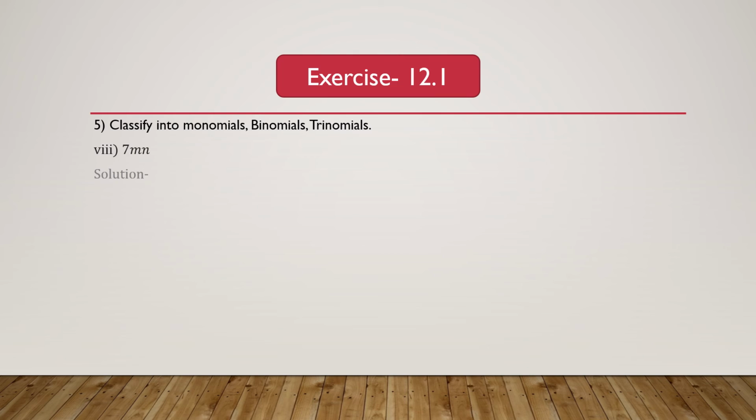Now 8th bit: 7mn. This expression consists of only one term, that is 7mn, so this is a monomial.